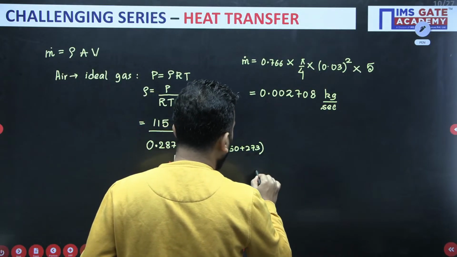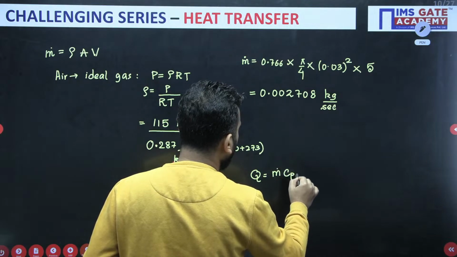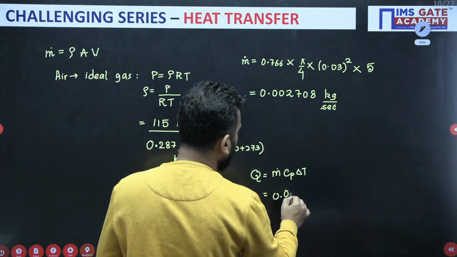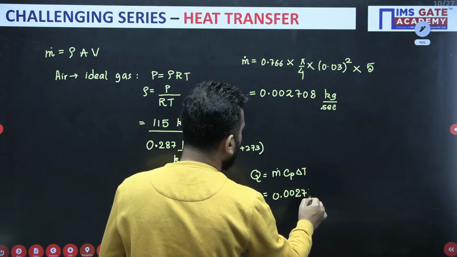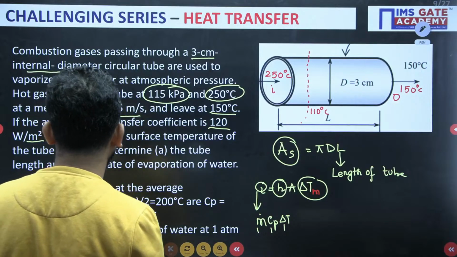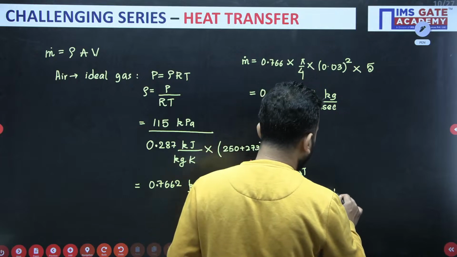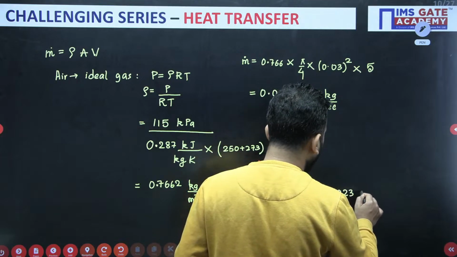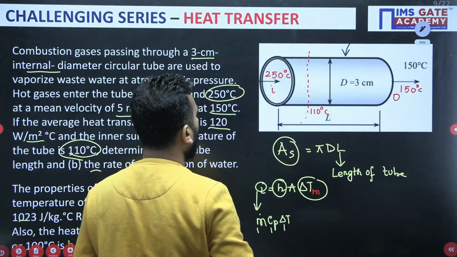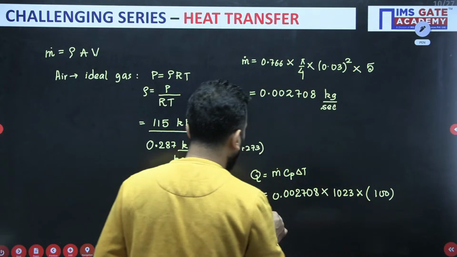So therefore Q is equal to m dot into Cp, which is given as 1023, and delta T is 250 minus 150, 100 I can write.